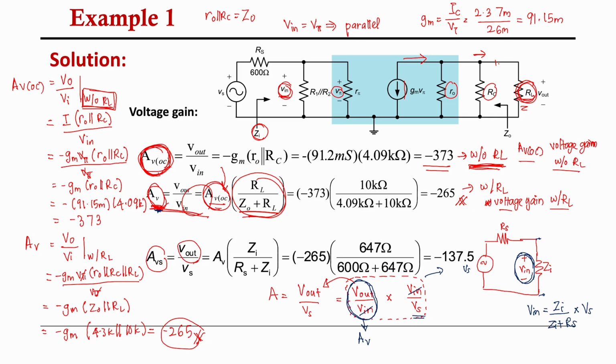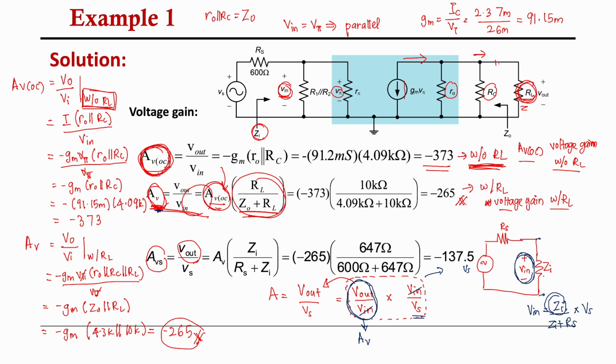We have two resistors, so we can use the voltage divider: V in equals Z in, the one that we have calculated, over Z in plus Rs, multiplied by Vs.